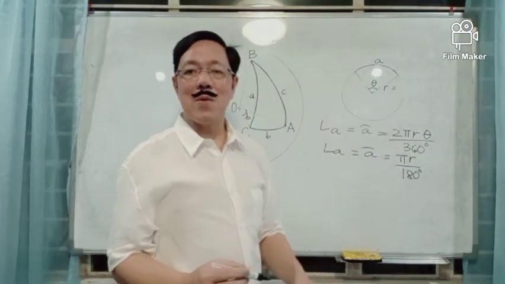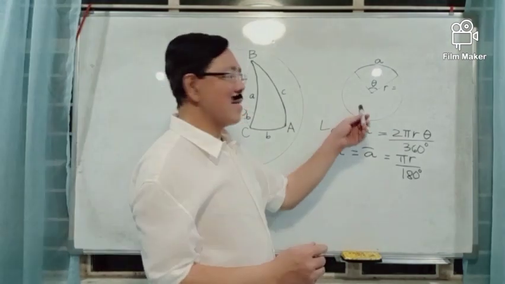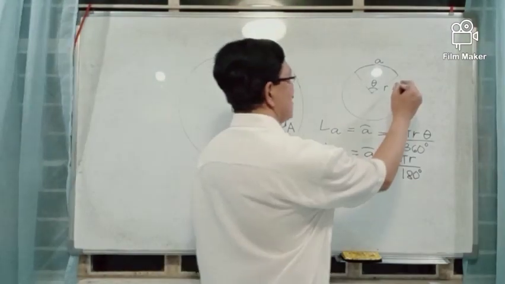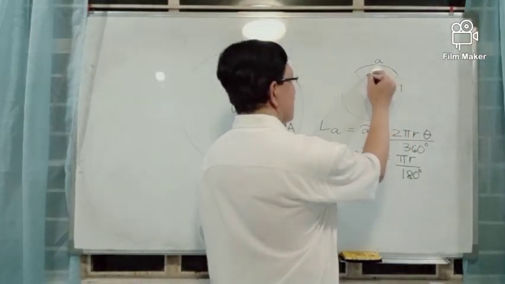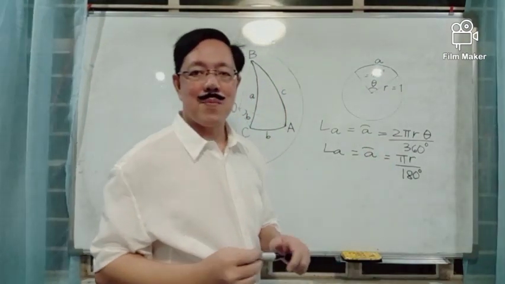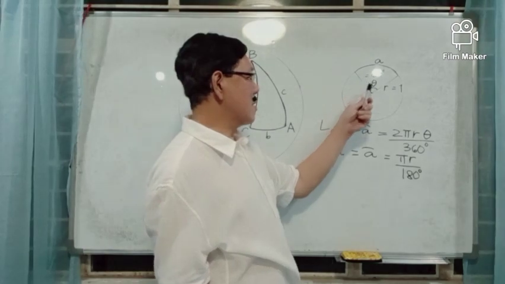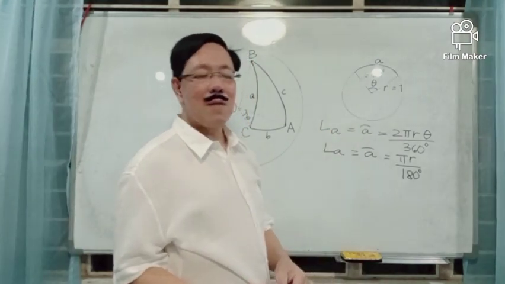Suppose this is a unit circle, which means that the radius of this circle is 1 unit. And suppose that the central angle theta subtended by the arc A at the center of the circle is 60 degrees.